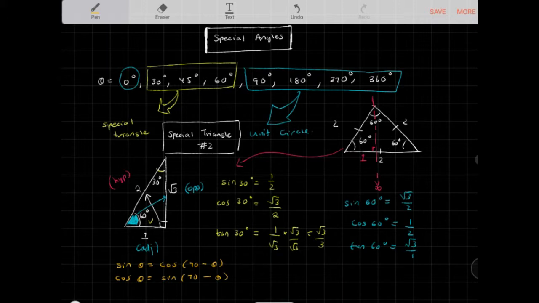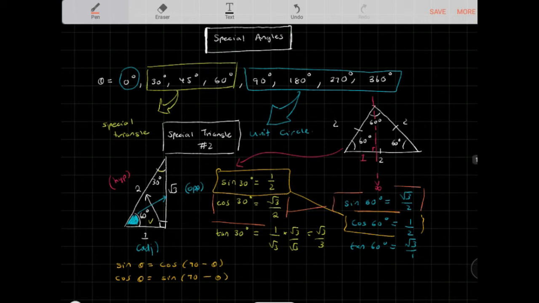You can notice this by comparing these two. If I compare sine 30 with cosine 60, they have the exact same value, and if I compare cosine 30 with sine 60, you'll see that it has the same value as well.